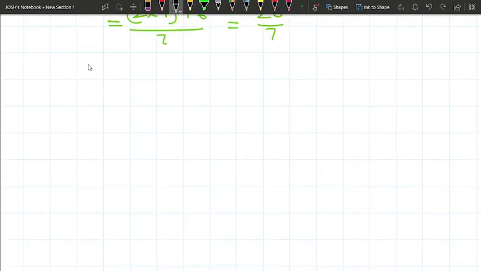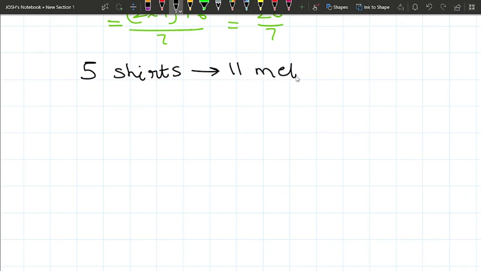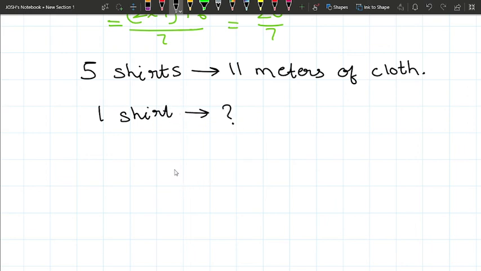So the question says to make 5 shirts, you need 11 meters of cloth. So to make one shirt, how much cloth will you need? So for 5 shirts, if you need 11, so for one you will need 11 by 5, 11 divided by 5.